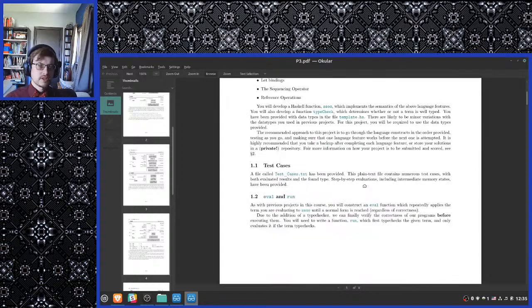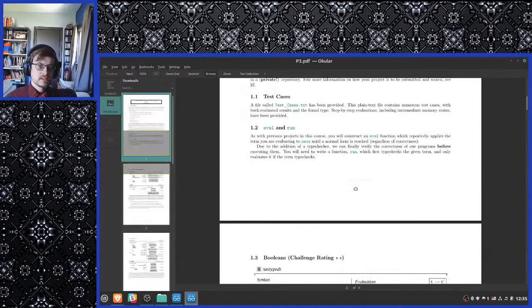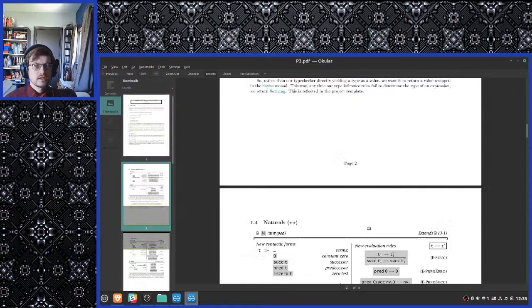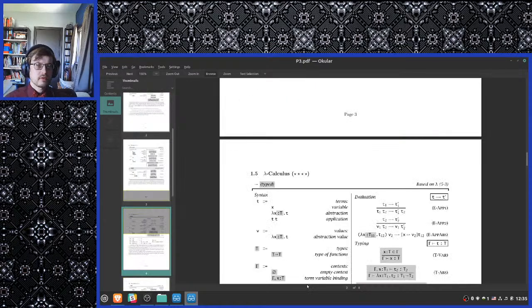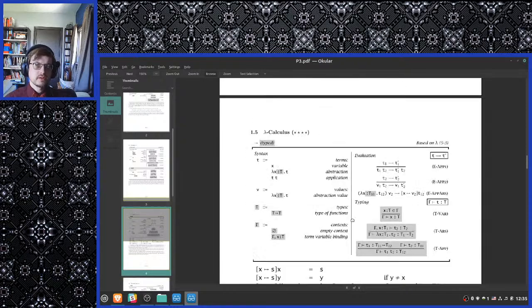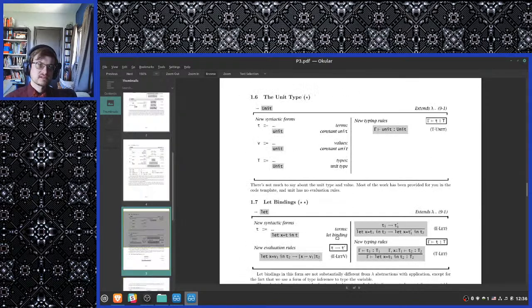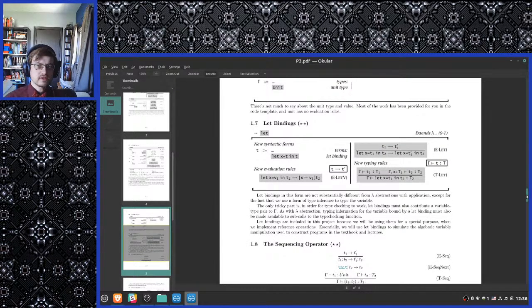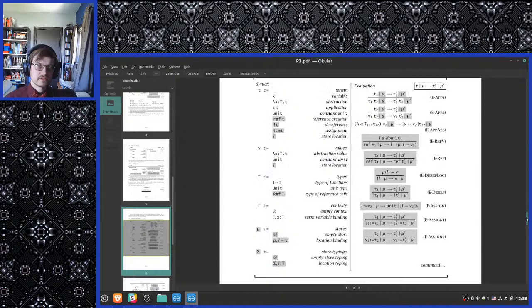Project 3 is essentially very much in the vein of Project 1 and 2. However, it requires a bunch more constructs that we've covered at various points throughout the course, primarily focusing on the stuff that has occurred since Project 2.